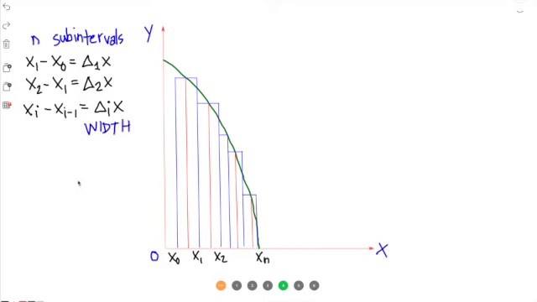So the set of these distances here that are not equidistant to each other for this area that we wish to calculate would be called the partition.